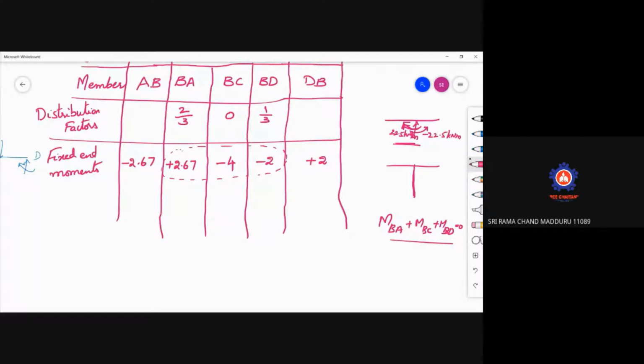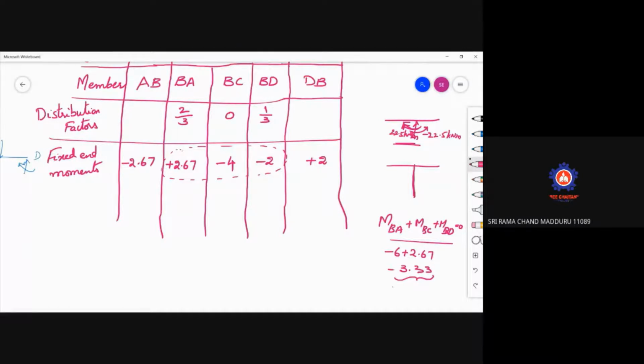Can anyone of you tell me what this value is? -6 plus 2.67, which is -3.33. -3.33 is the difference. After summation of these three things it should be equal to 0, but you got a value of -3.33.